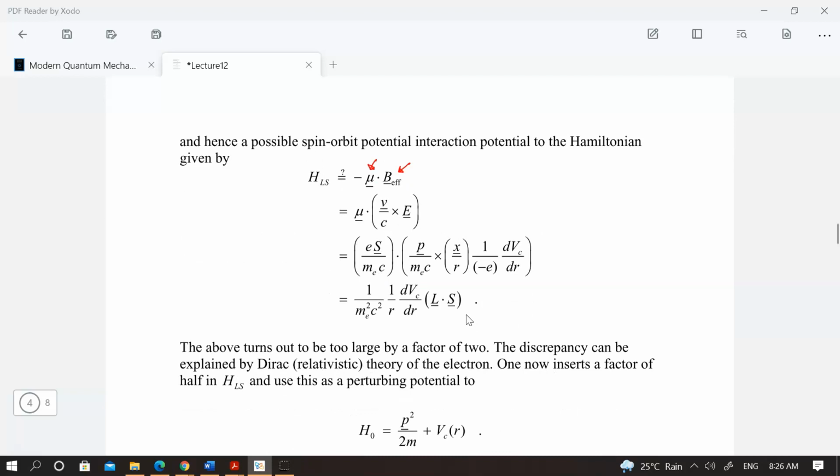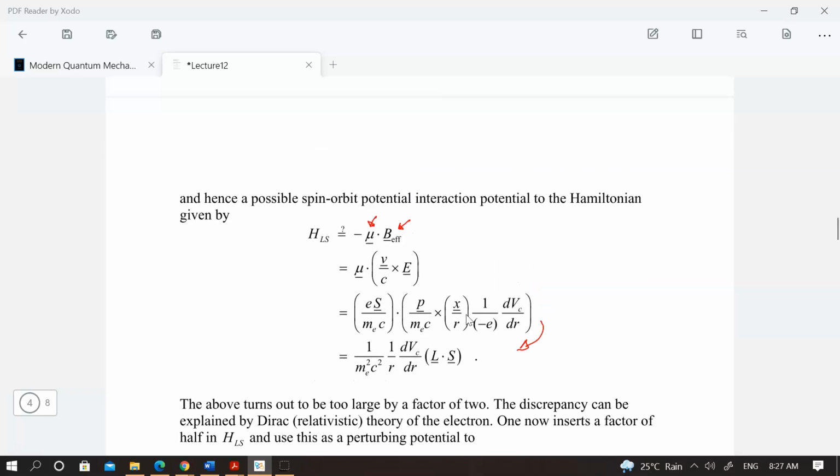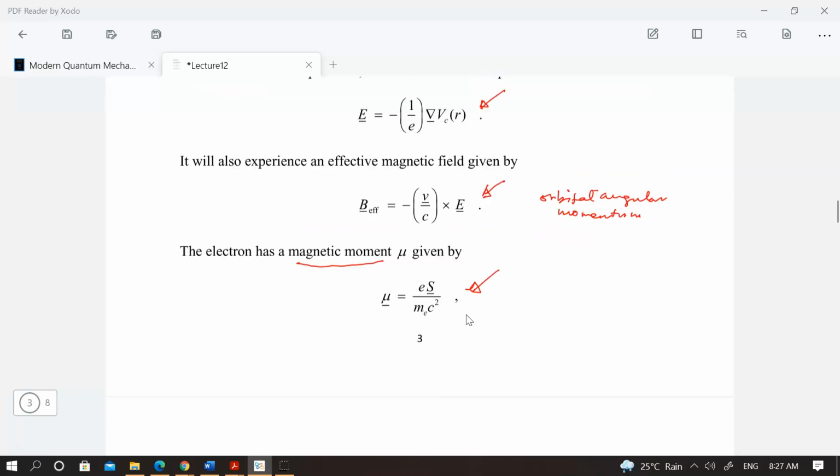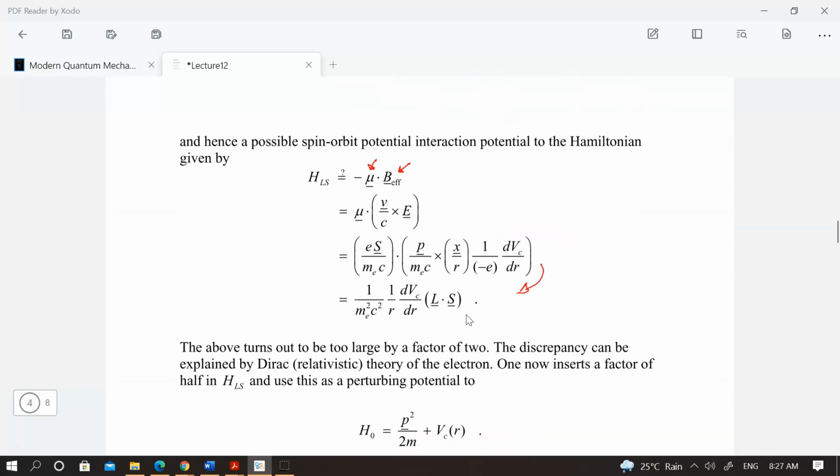Essentially we have this slightly complicated thing, but you can reduce this to this operator. Remember your E was given in terms of the gradient, so you have to do the derivative.